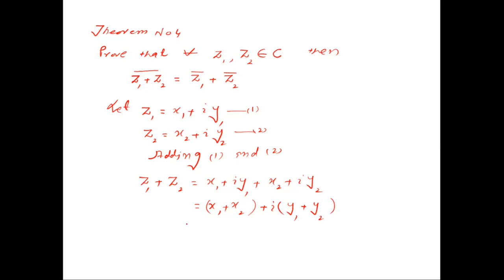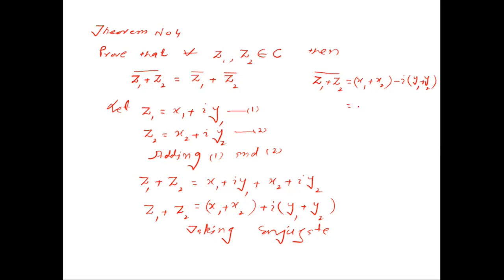Now you can see z1 plus z2 is equal to real part plus iota imaginary part. Taking its conjugate on both sides, (z1 + z2) conjugate equals x1 plus x2, plus iota becomes minus iota, y1 plus y2.